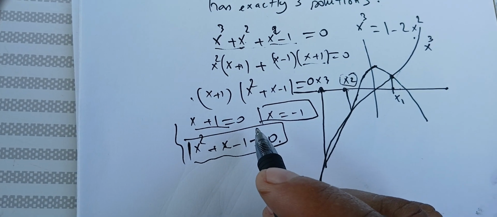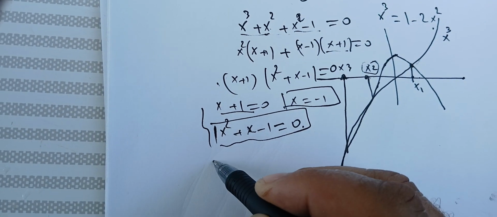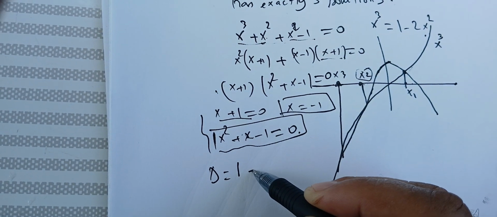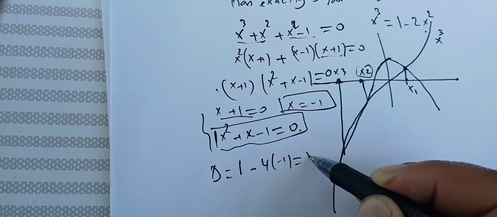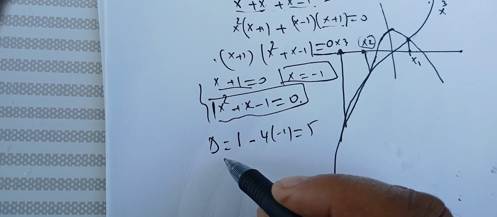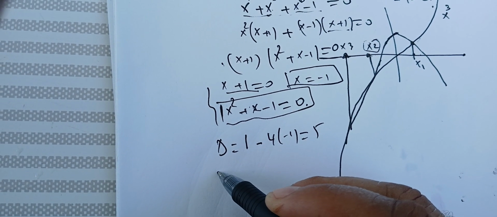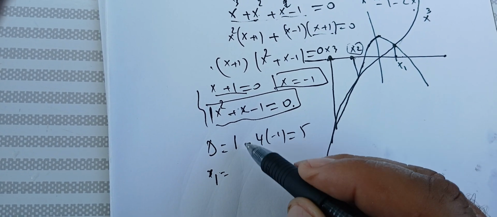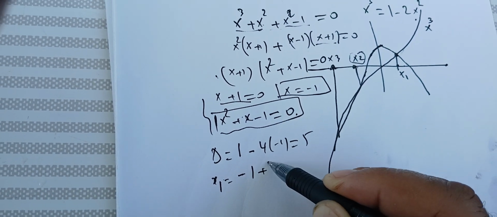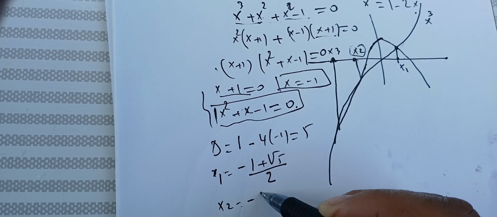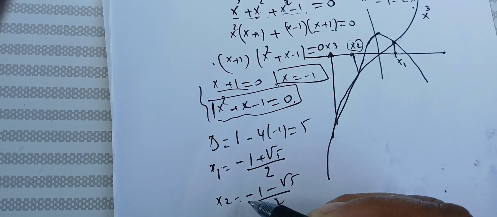I can write delta as 1 minus 4 times minus 1, which is 5, and therefore we have 2 solutions because delta is positive. So the first solution, which I'm going to call x1, is minus 1 plus the square root of 5 over 2. The next one is minus 1 minus the square root of 5 over 2.